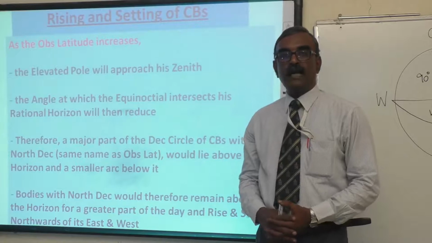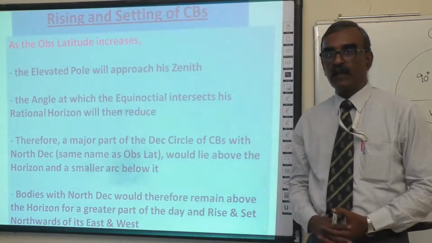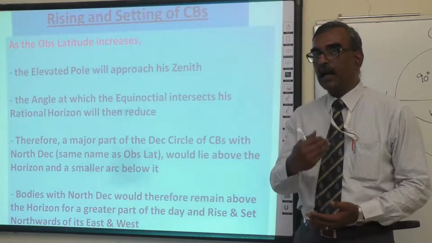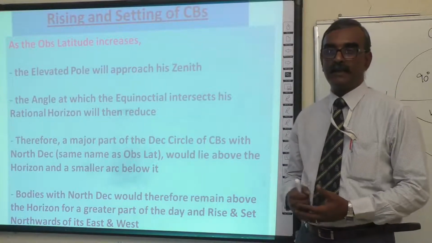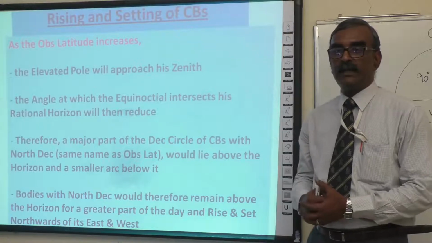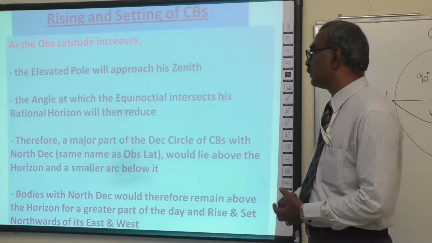As the observer's latitude increases, the elevated pole, which I have shown in the previous diagram, would move towards the zenith. The angle at which the equinoctial intersects the rational horizon will reduce.